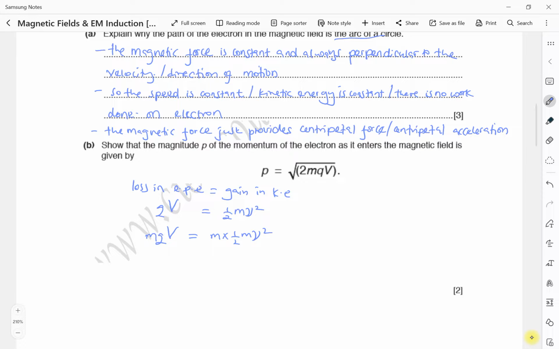On the right hand side I have m squared v squared being equal to twice m q V. And of course m squared v squared is equal to momentum squared. So momentum squared equals twice m q times V, which when we find the square root, p is the square root of twice m q V.